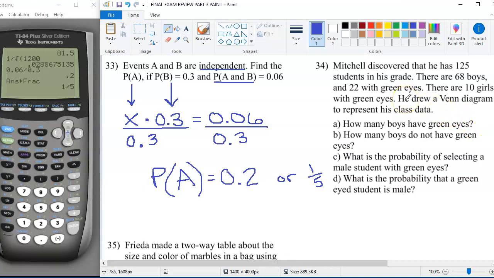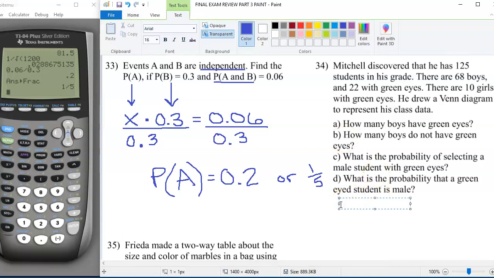All right, Mitchell discovered he has 125 students in his grade. There are 68 boys, and there are 22 students with green eyes. All right, now, there are 10 girls with green eyes.